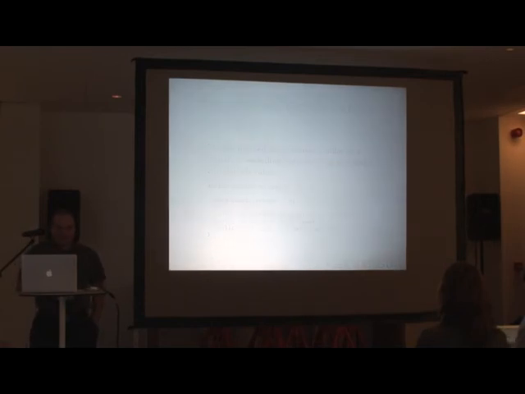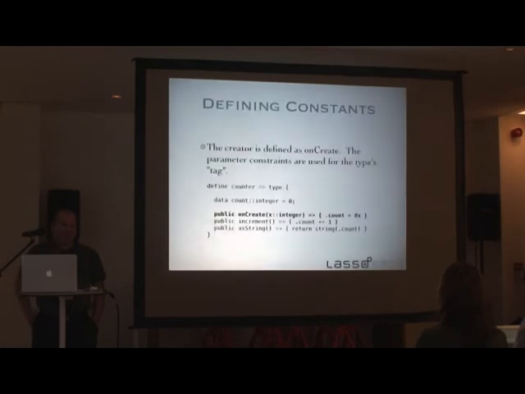The next part is the creator. Just the same as in Lasso 8.5, the creator is called onCreate. And this is where you start to see the distinction between a tag and a type. Counter is a tag that returns a type instance, and when we return a new type instance, we run its creator, onCreate.